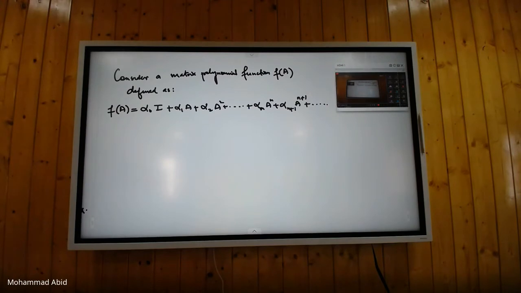You already know that your e to the power At is also of the same format. तो हम एक general matrix polynomial function F(A) के लिए देखेंगे कि कैसे हम Cayley-Hamilton theorem से उसको evaluate कर सकते हैं.